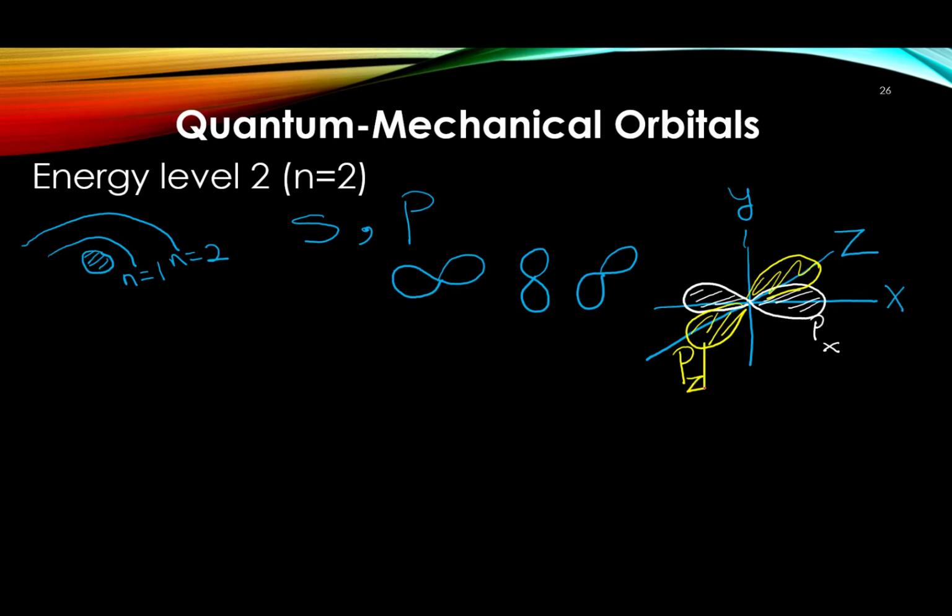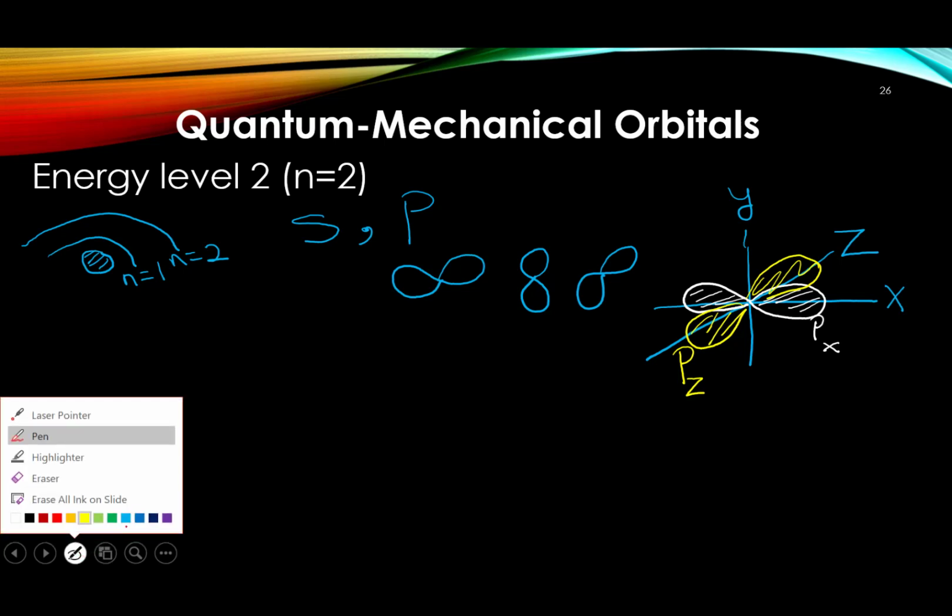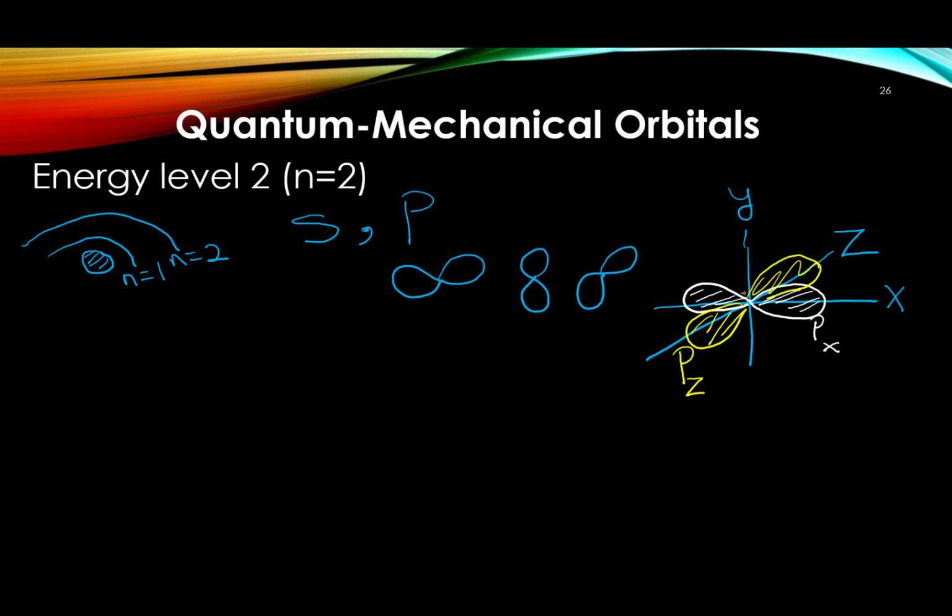If it sits on the z-axis, it's p sub z, and if it sits on the y-axis, let me go with green, it's p sub y. Then it depends on where it sits.